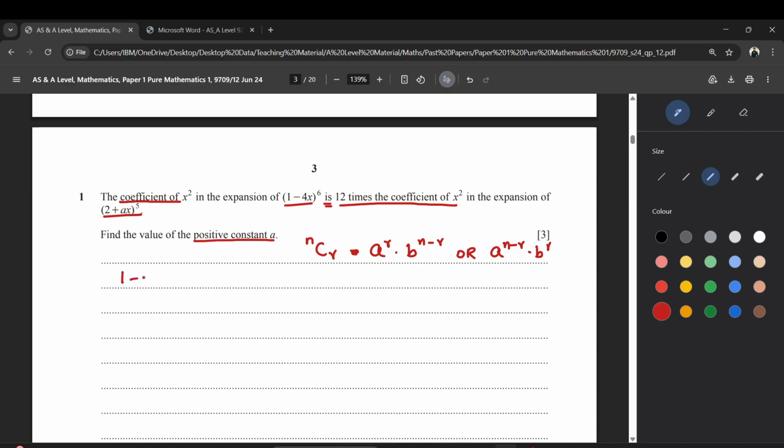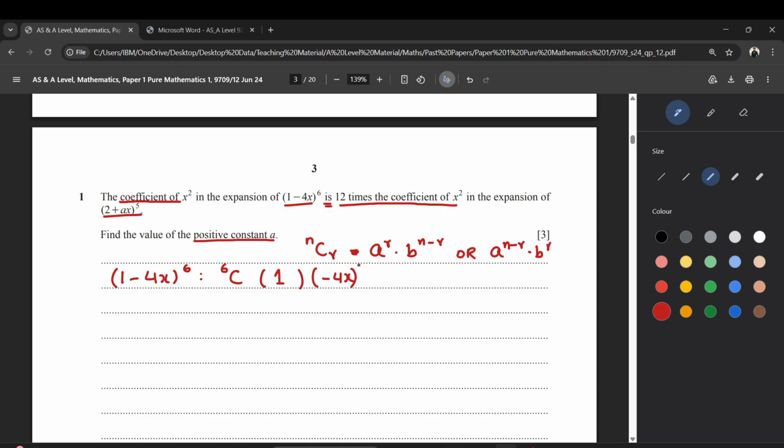So we have (1 minus 4x) to the power of 6. For this, we are interested in finding the coefficient of x squared. So first of all, I'm going to write 6C, then I'm going to draw two brackets, one for each term. This is for 1 and this is for minus 4x. Now, how can I set the powers in a way that I should get x squared?